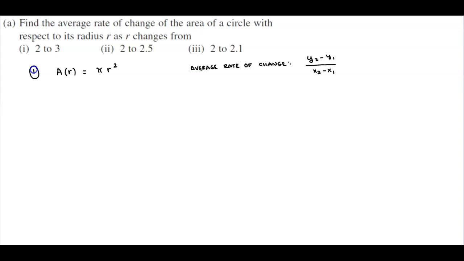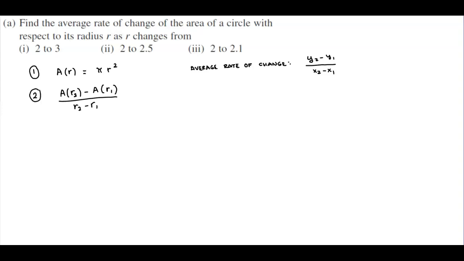So we want to find A of r2 minus A of r1 divided by r2 minus r1. Okay, so that's the average rate of change when we're dealing with the circle.